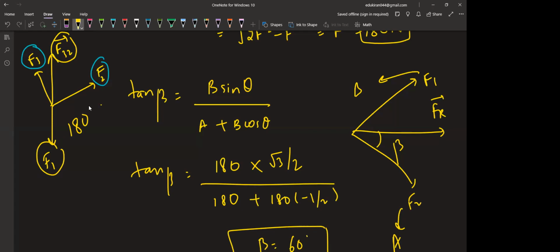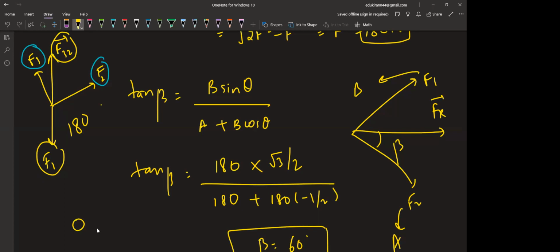Next question, what is the force on each charge? Consider the charges Q, Q and minus Q placed at the vertices of an equilateral triangle as shown in figure 1.7. What is the force on each charge? This is a very lengthy question.